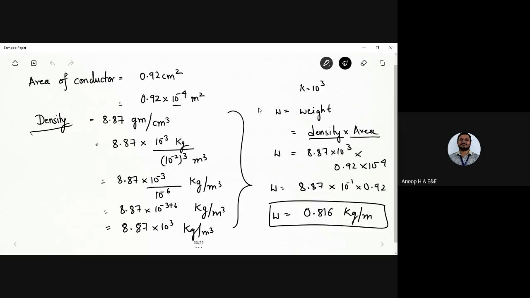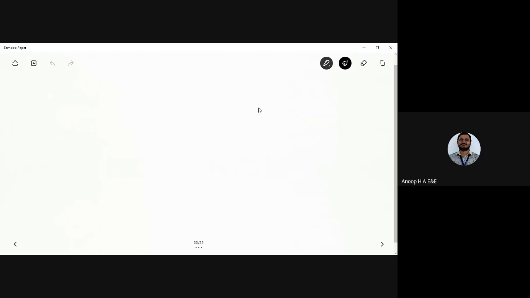Next we have the sag. We know how we defined sag at equal levels: S equals W L squared divided by 8T.